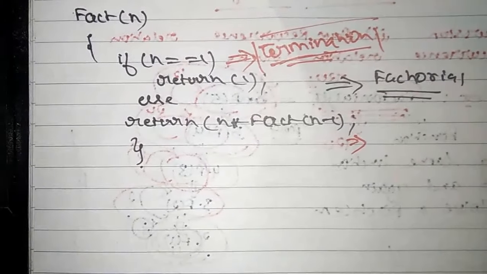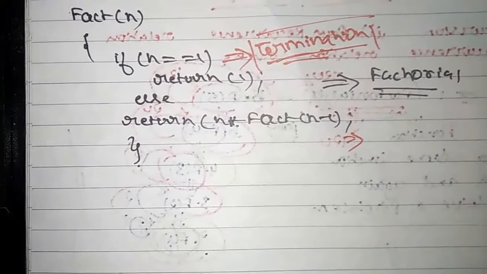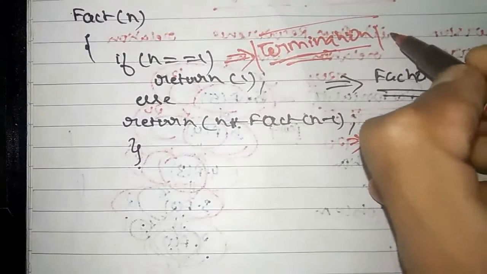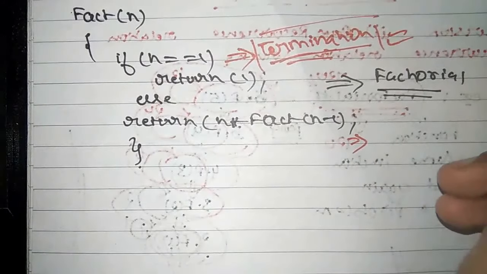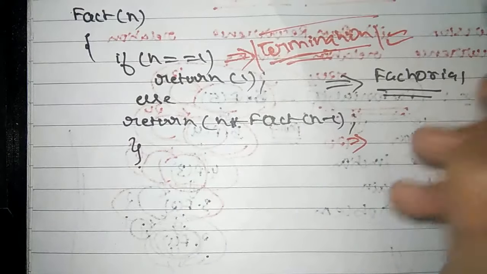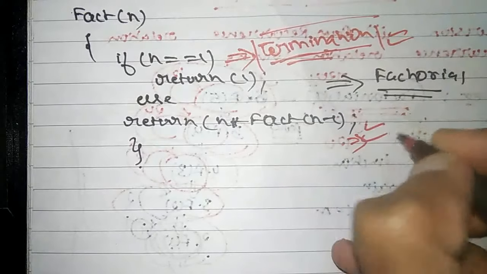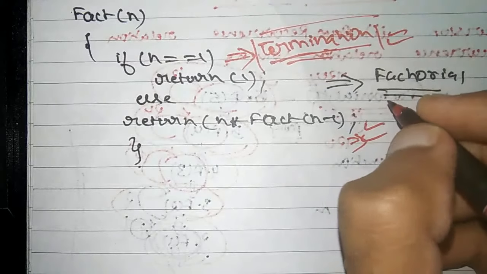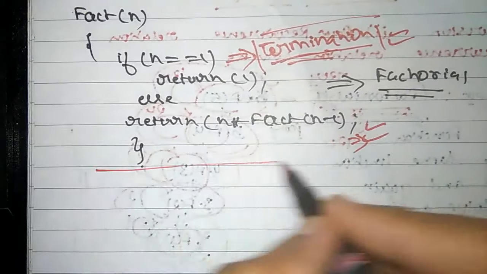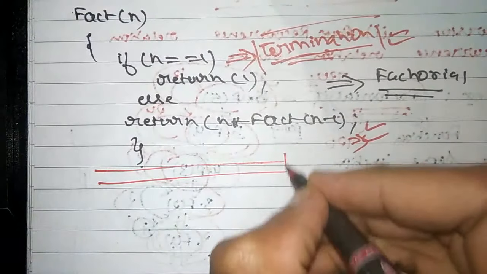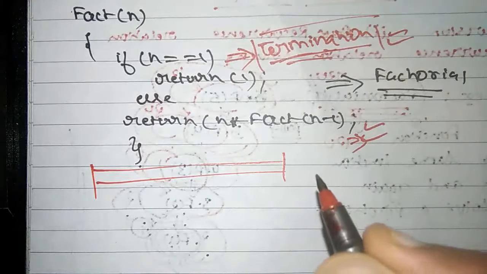So in the recursive program, we have two parts. The one is the terminating part, and the second one is the else part, right? So this is the program to find the factorial of n, right?